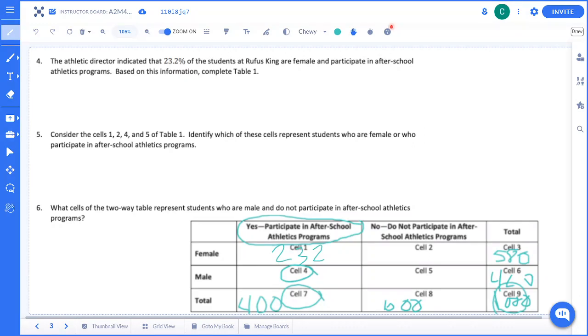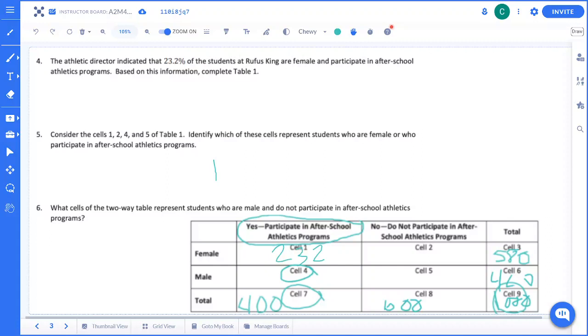Okay, well, females that participate in after-school programs, so that would be cell 1, just cell 1, right? We're just looking at females who participate in after-school programs. Okay, that would just be it.